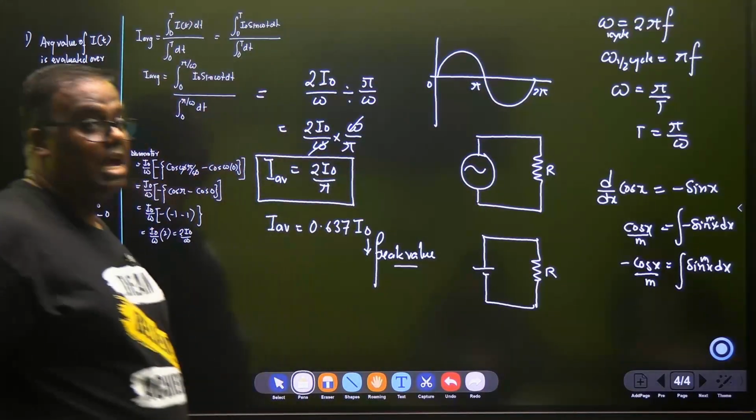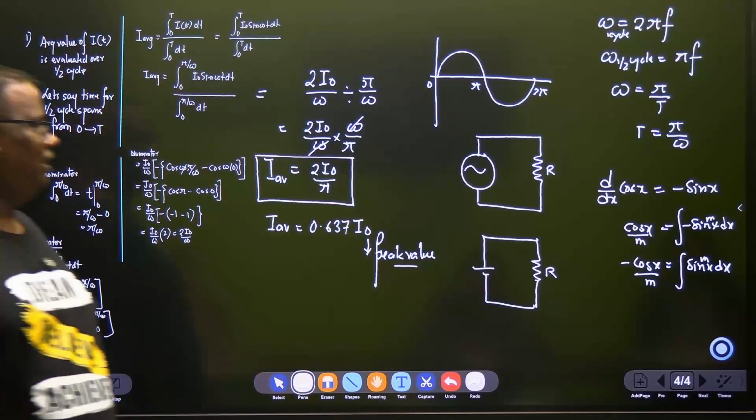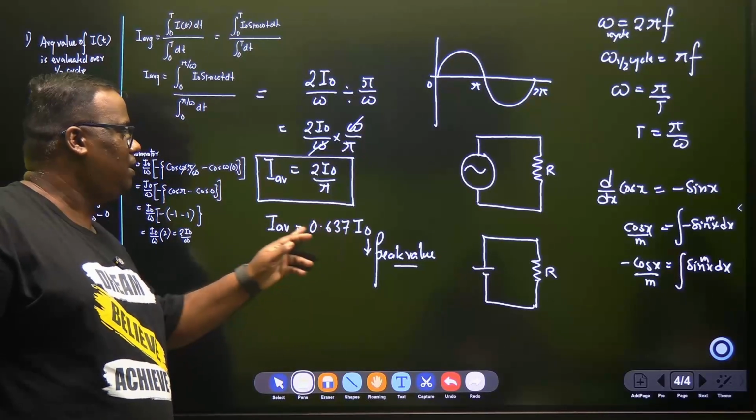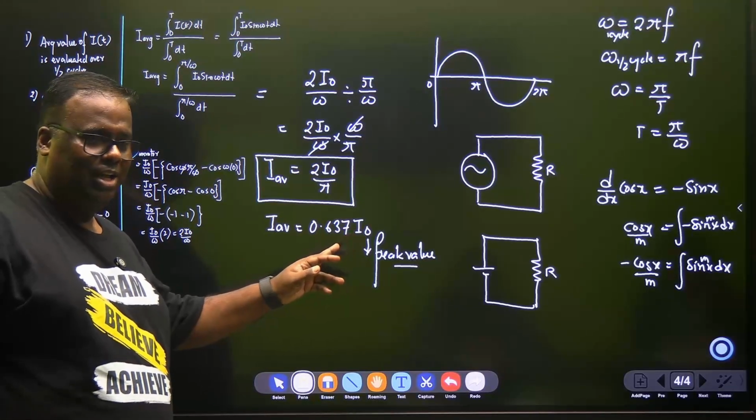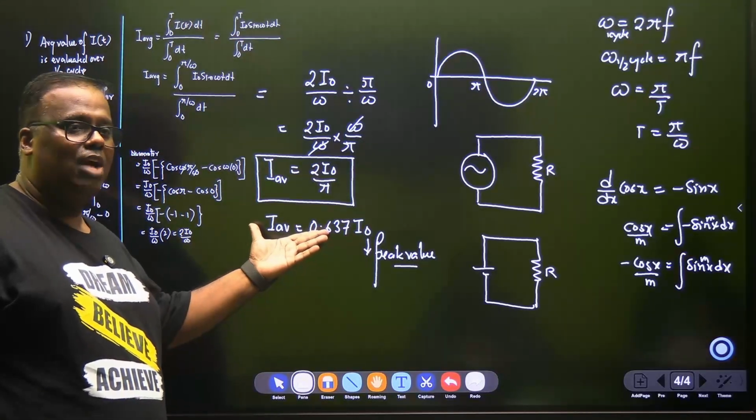Now see, how to define average current. Have you seen the average current has come as a steady value? This is not alternating.